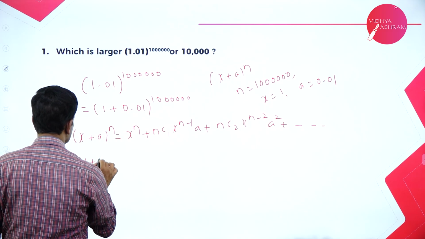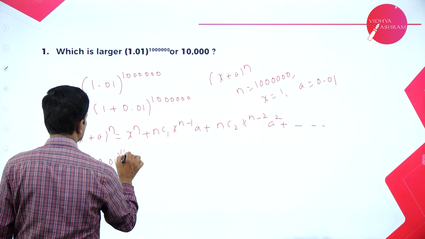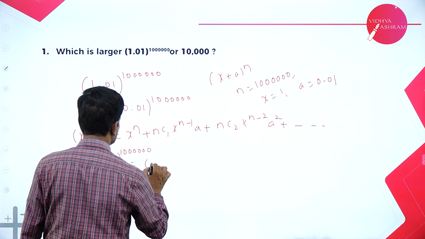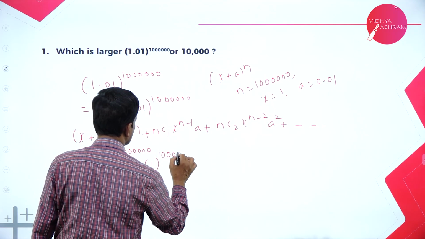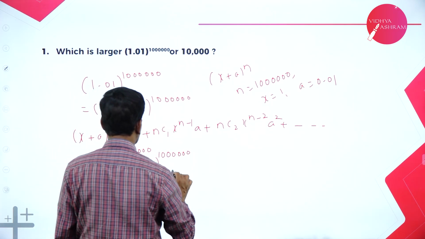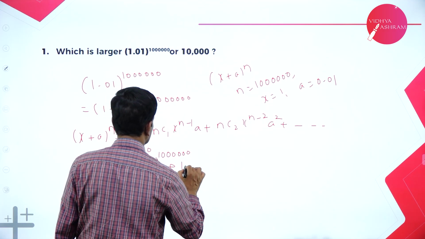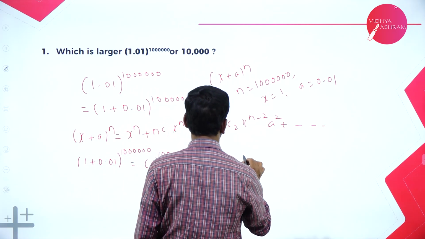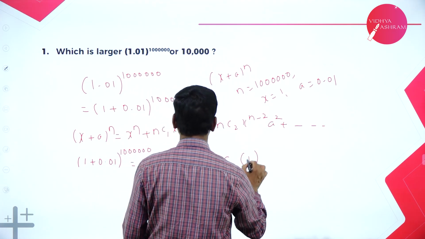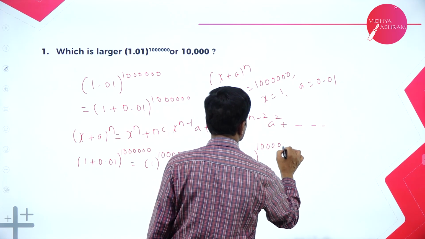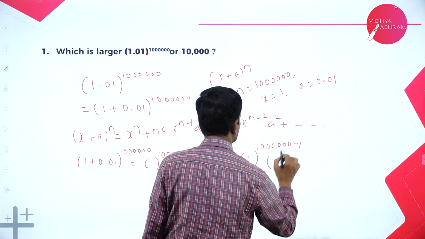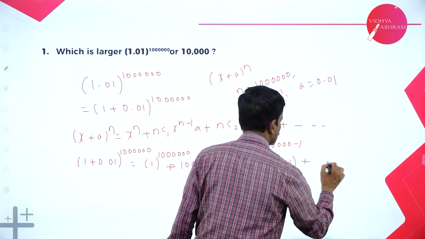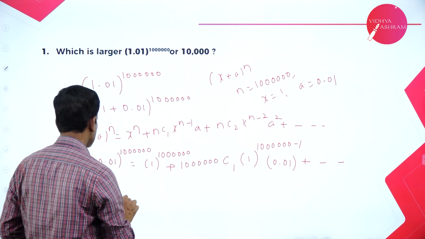So, 1 plus 0.01 whole to the power of 10 lakhs is equal to x raised to n, that is 1 to the power of 10 lakhs, plus nC1, 10 lakhs C1, into 1 to the power of n minus 1 into a, which is 0.01, plus next terms, etc. This much is enough.